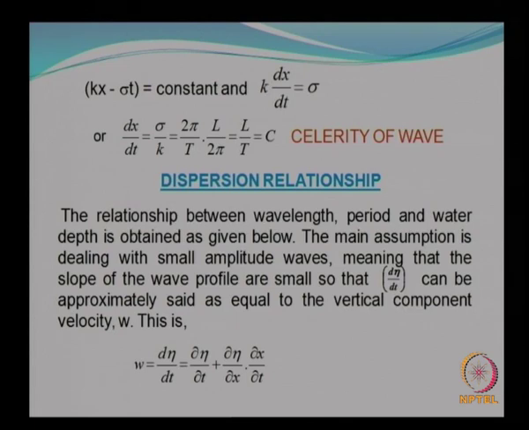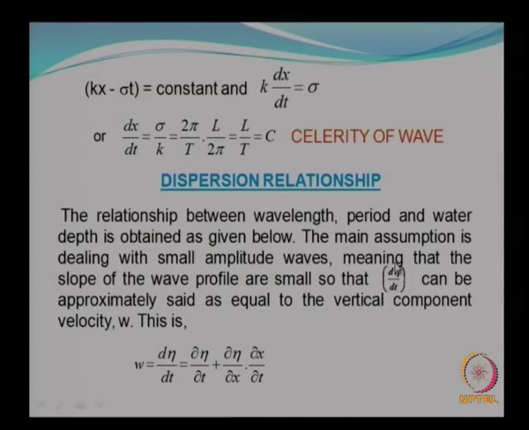We can assume the vertical displacement of the water surface. When I say water surface elevation, it refers to eta, that is the displacement of the water surface with respect to time, given as d eta by dt, which can be approximately said to be equal to the vertical velocity.